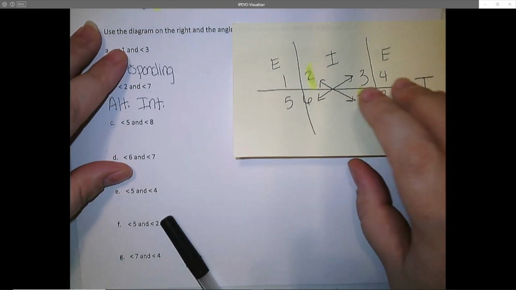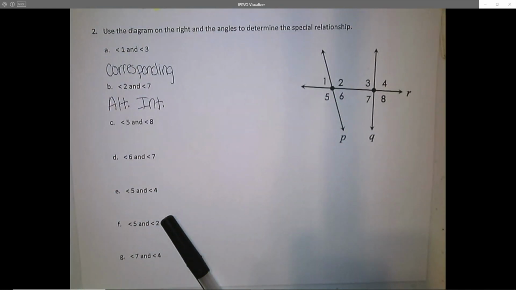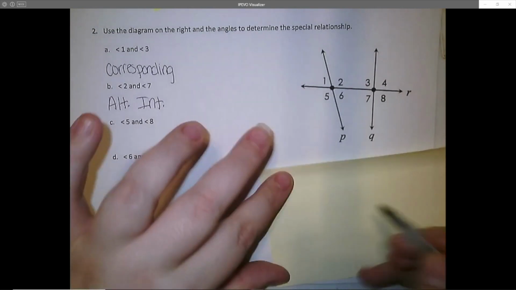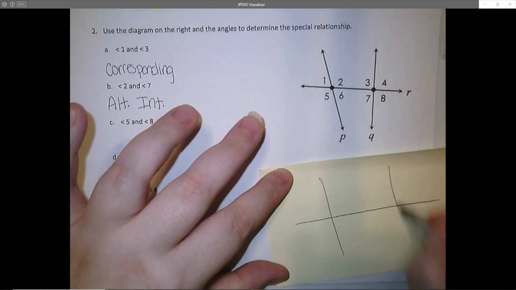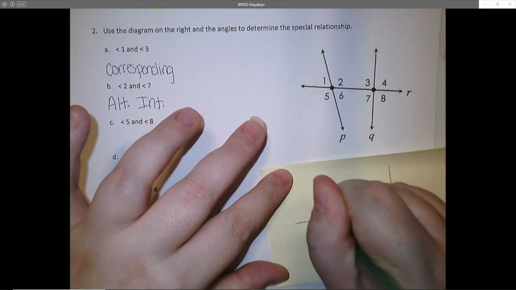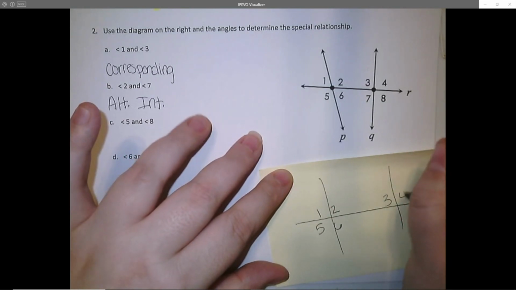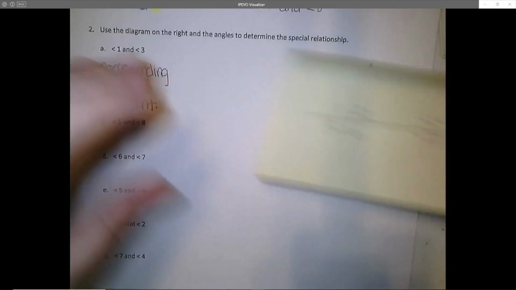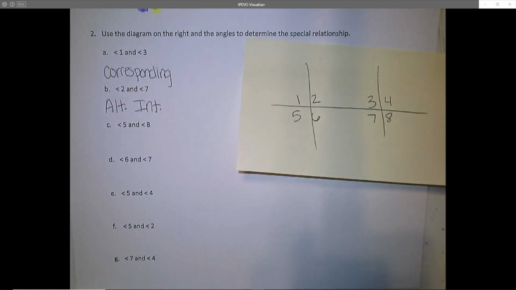Now I'm going to abbreviate alt and also interior. Now I have to deal with 5 and 8. Again, notice each time I'm redrawing my picture just so that I can mark and get a fresh picture each time. So 5 and 8.